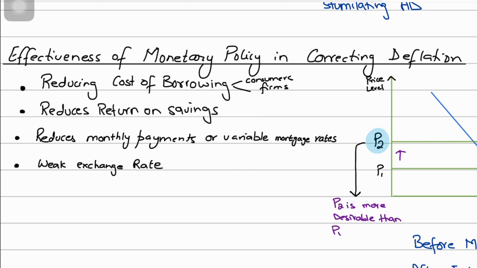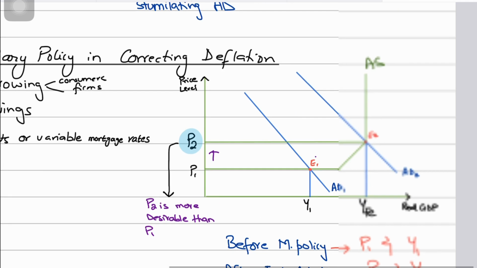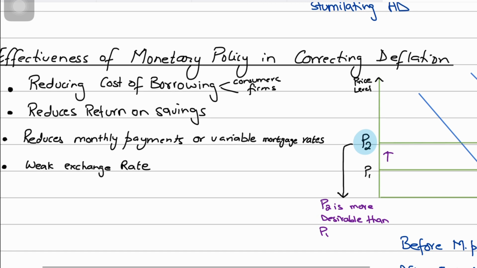As a result, consumers can borrow more and spend more on items such as houses, cars, and furniture, which increases consumption. C goes up in the AD equation. That's why AD moves from AD1 to AD2, as you can see in the diagram as well.